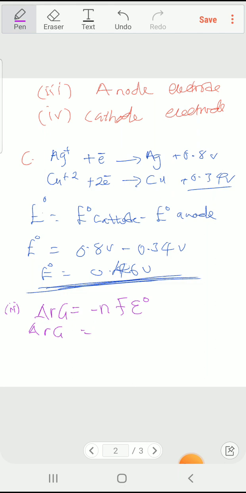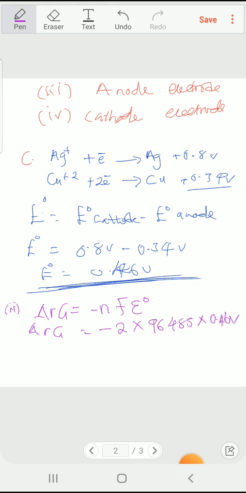So when I balance, I will have my 2 there. So it is negative 2 times the Faraday's constant. The Faraday's constant is 96,485, times the E cell that I just calculated, which is 0.46 volts.